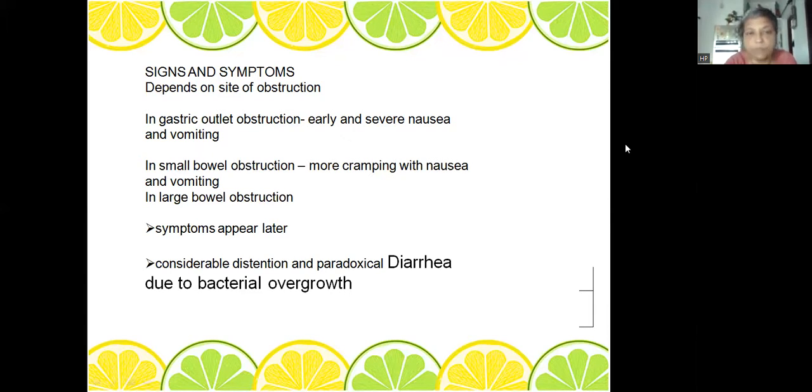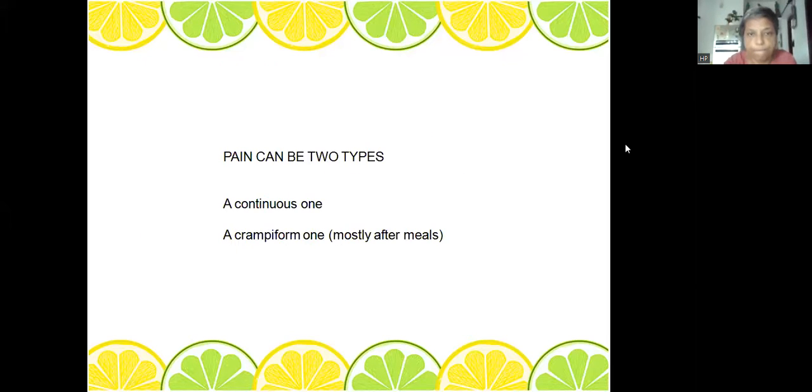But in large bowel obstruction, the symptoms appear very late, with considerable distension, and there will be paradoxical diarrhea due to bacterial overgrowth. So these are the three different presentations: early and severe in gastric outlet obstruction, more cramps with nausea and vomiting in small bowel, and late symptoms with distension and diarrhea in large bowel.